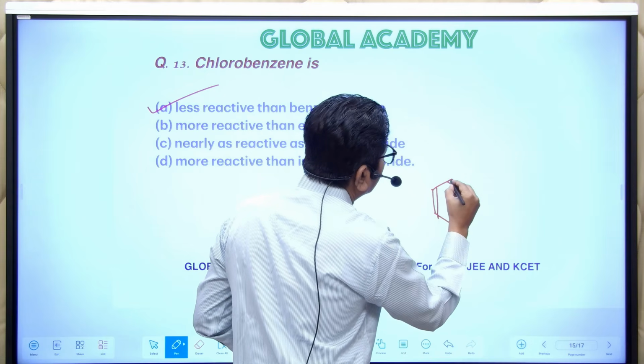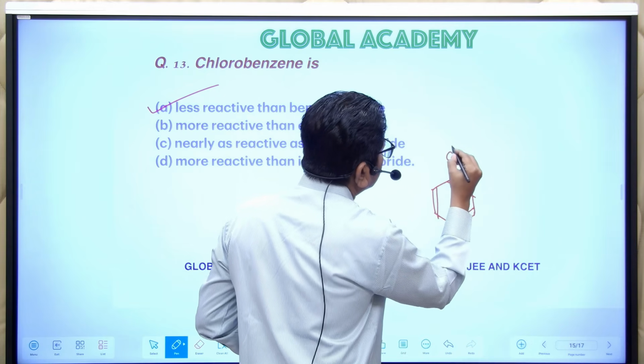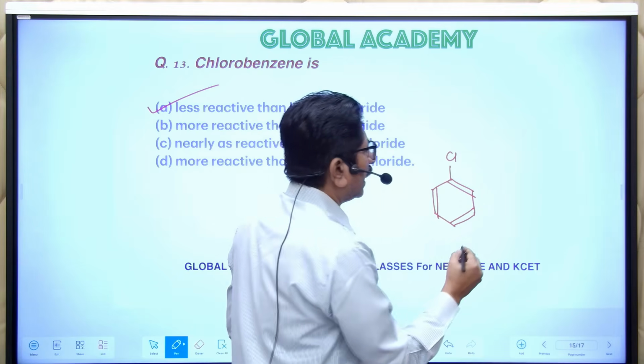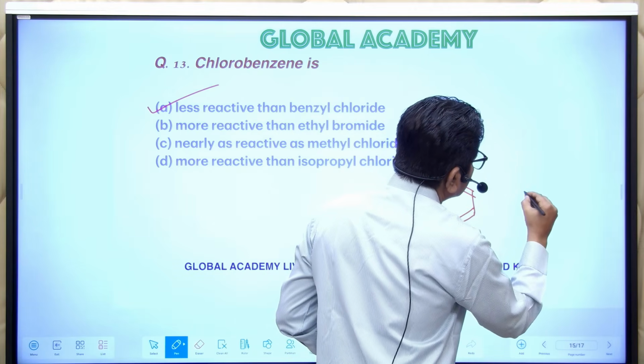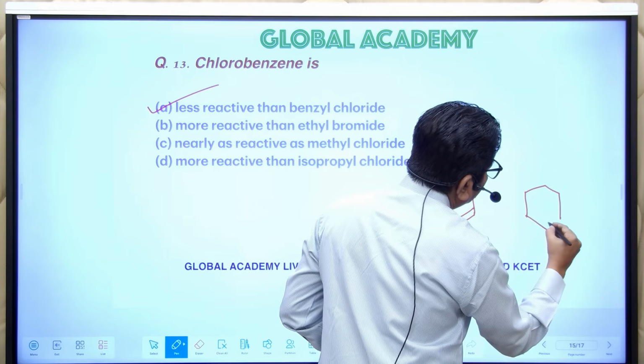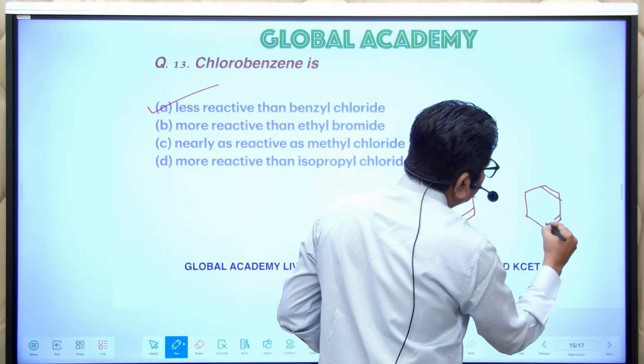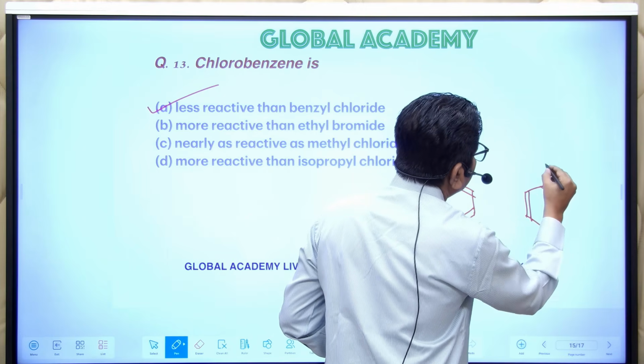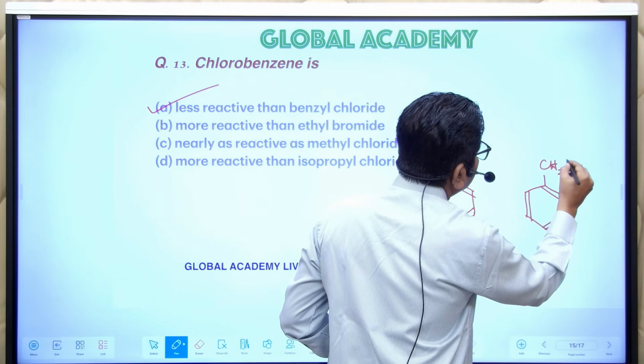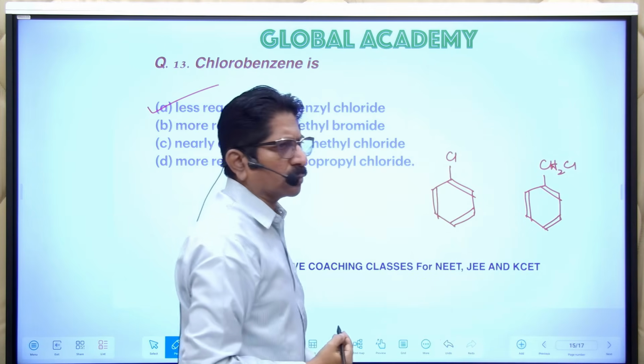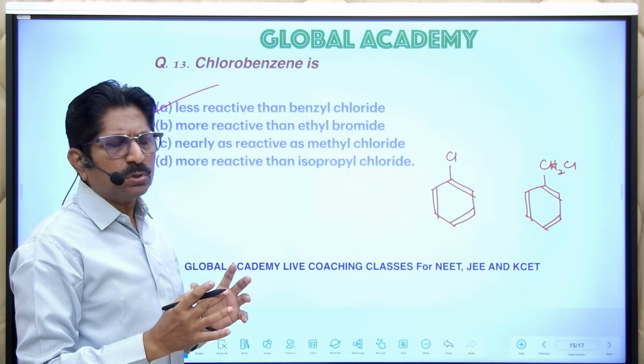If you see the figure carefully, this is chlorobenzene, and this is benzyl chloride. There are two things.